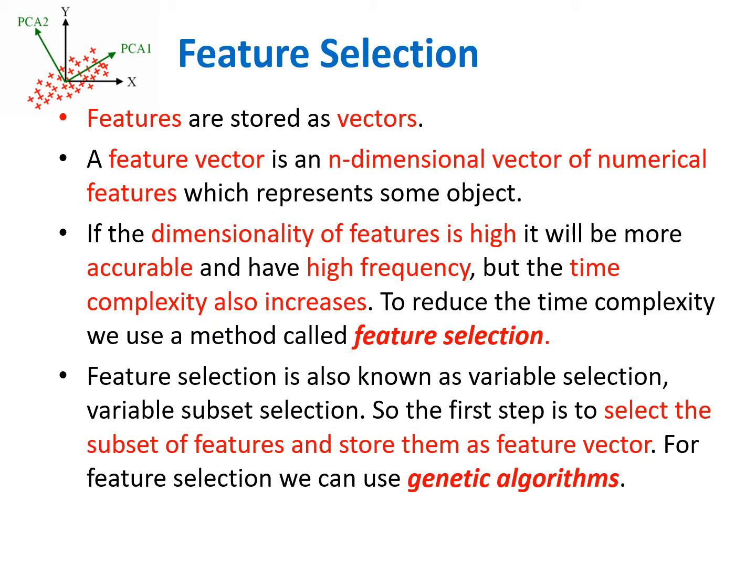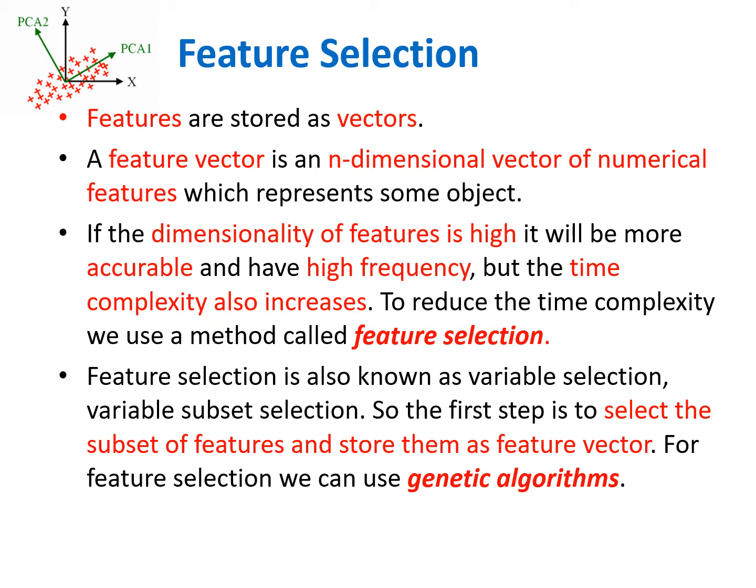Feature vector is an n-dimensional vector, and if the dimension of the features is high, the model is accurate and has high frequency. But the time complexity of the model increases. So in order to reduce this time complexity, feature selection is used. Feature selection is actually a subset selection of existing features, and this can be done through genetic algorithms.